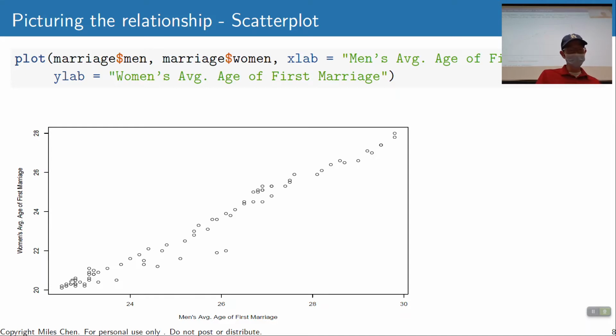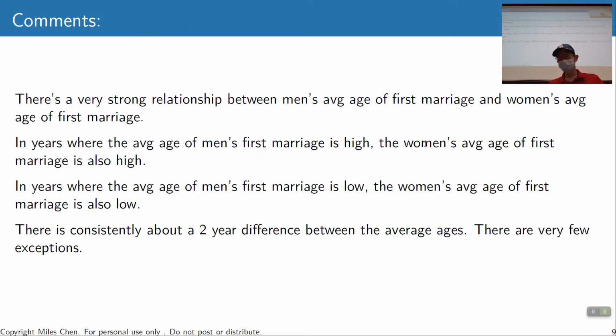And in years where men got married at a young age, that also tended to correspond to years when women got married at a young age. So if men got married at around 24 years, women got married at around 22 years that year. Down here looks like 22 years for men and 20 years for women. Over here, around 30 years for men and 28 for women, and so on. Again, this is the average, so there would be people who are older or younger.